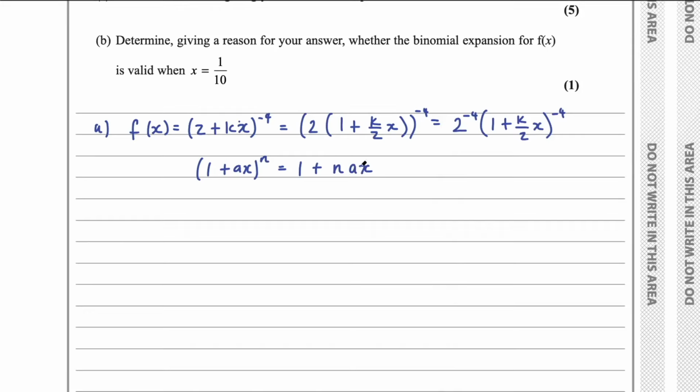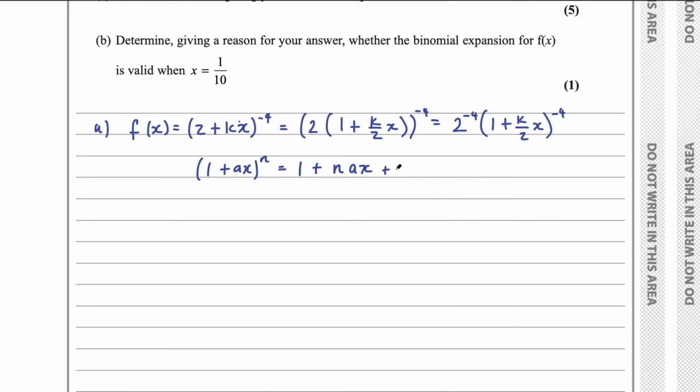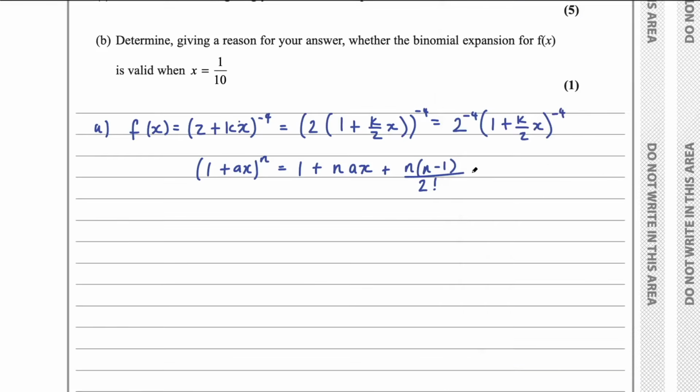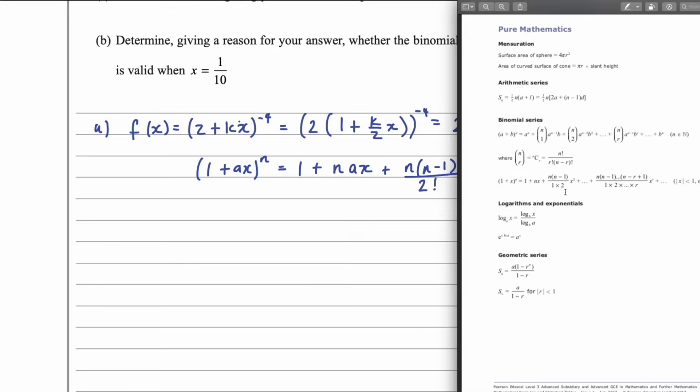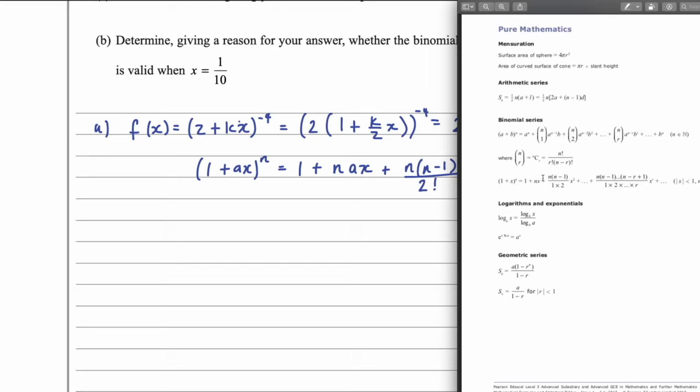So that coefficient is written next to the x for each term. Then we have n times n take 1 over 2 factorial, which they've written as 1 times 2, that's 2 factorial. And then we have ax squared for the third term there, and that goes on. So if you were to have an x cubed, you would have n times n take 1 times n take 2 over 3 factorial multiplied by ax cubed.